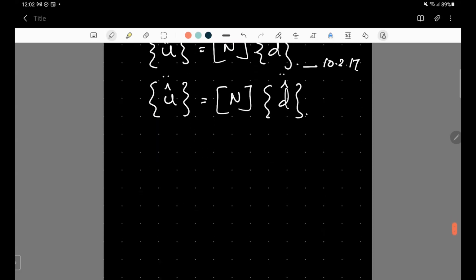So here d hat single dot and d hat double dot are the nodal velocities and accelerations respectively.